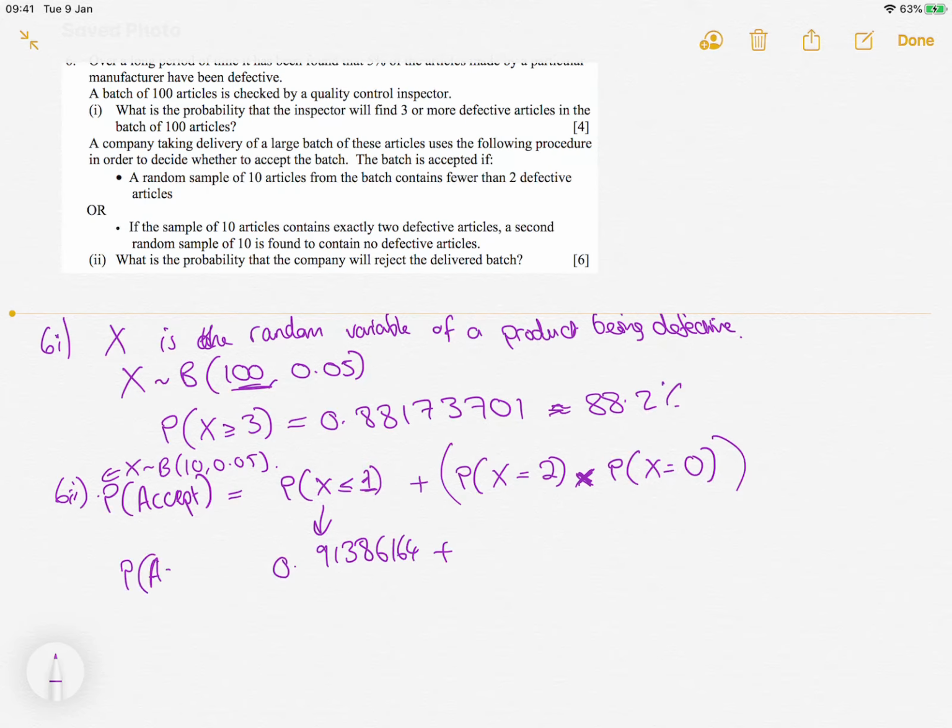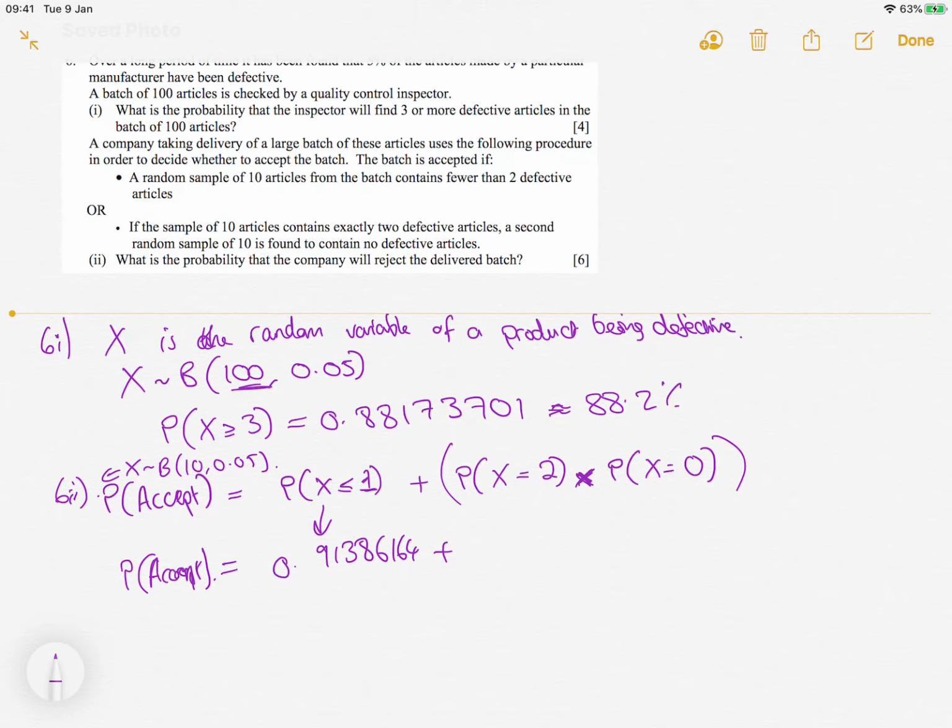So remember, this is the probability of accepting, but we actually want the probability of rejecting, so maybe I'll think about what am I going to do once I've found this accepting. So then I need the probability of finding exactly 2 faulty articles.